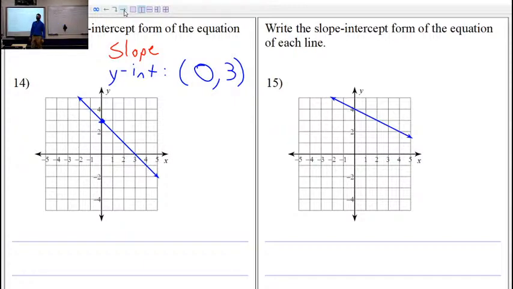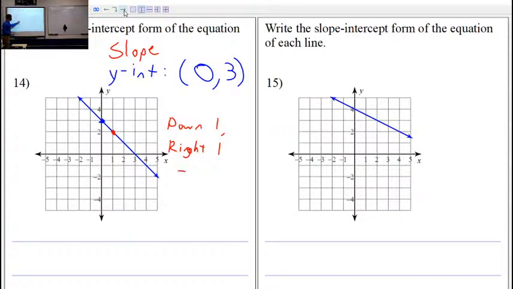What's my slope? Well, I want to find another point on the graph. The next point I see is right here. What are my directions to get there? To get from here to this point, we would move down 1 and to the right 1.